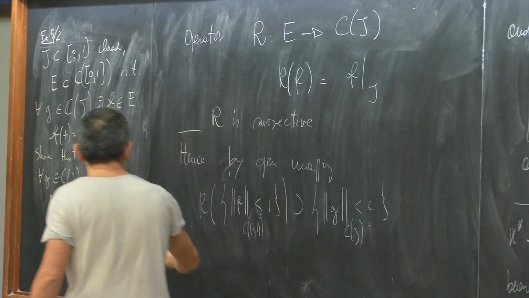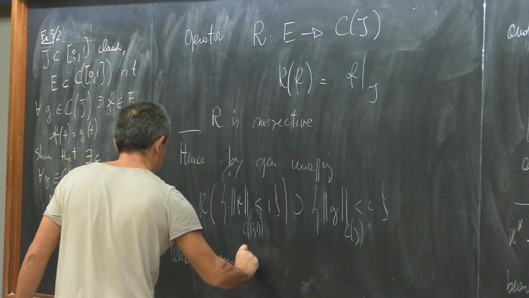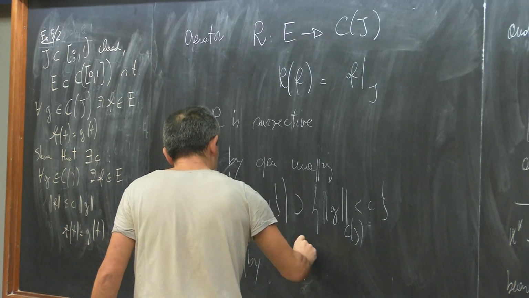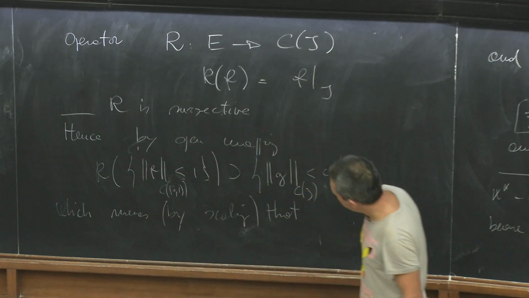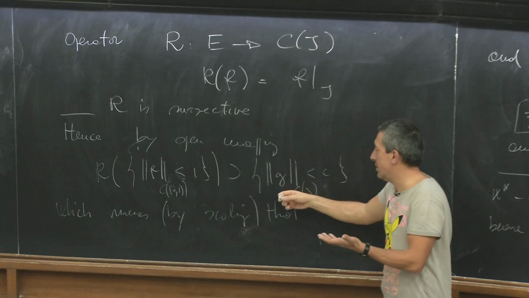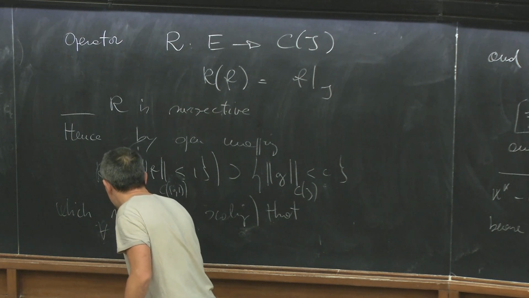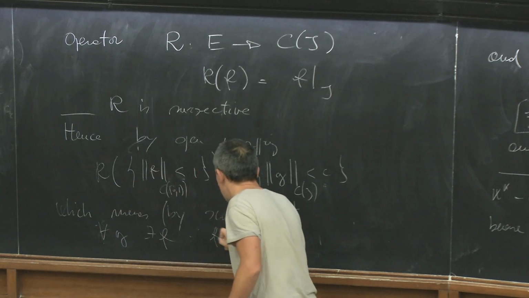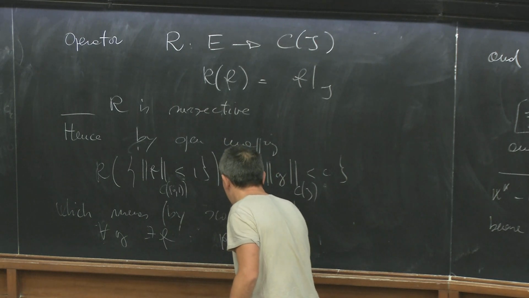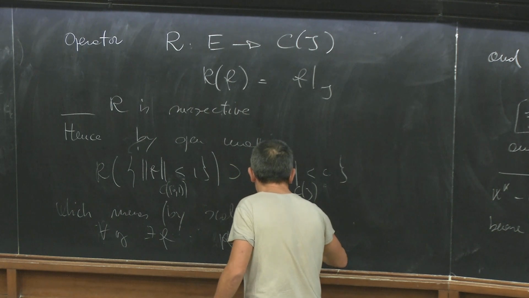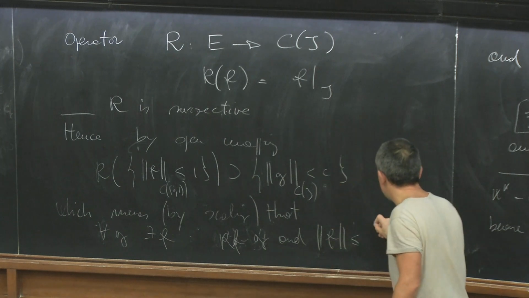Which means, by scaling, that if I have a g, I scale by the norm of g, so for all g there exists an f whose image is g, so R(f) is equal to g, and the norm of f is less or equal than, okay, the scaling is 1 over c.